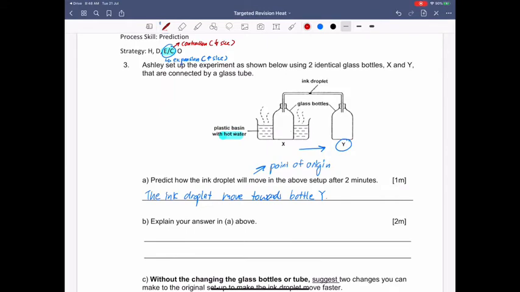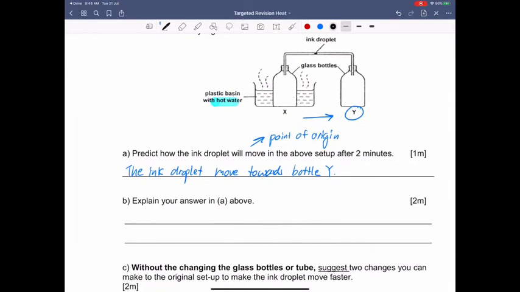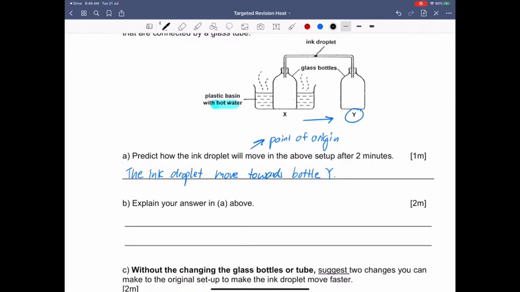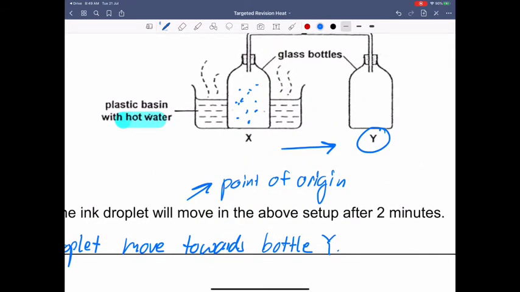We can start off by saying that, remember, you need to imagine that you are the substance. In this case, I'm going to talk about the air, because it is the air that is actually gaining heat, correct? From your hot water. So your hot water will be at a higher temperature as compared to your air. Heat will travel from your hot water to the air.